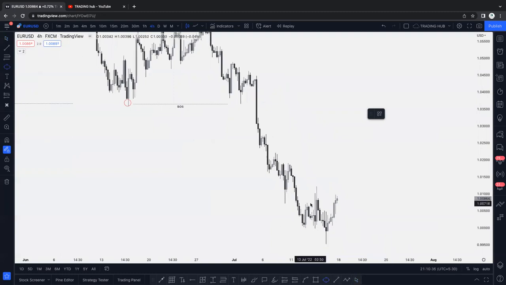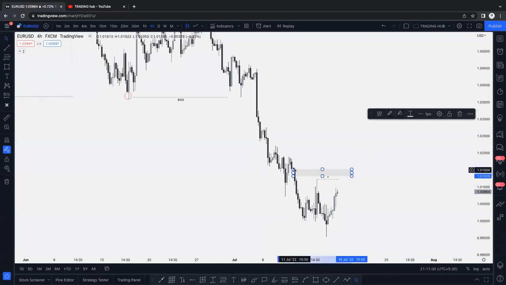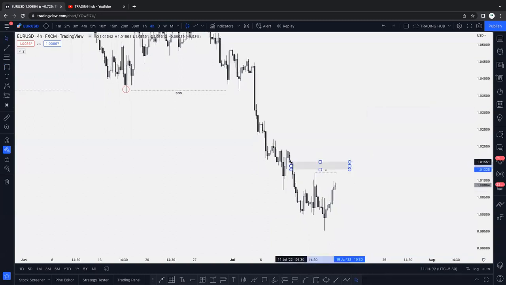And at this point, a single leg breaks the structure and price must take out this high before the sell. And this one is our inducement.